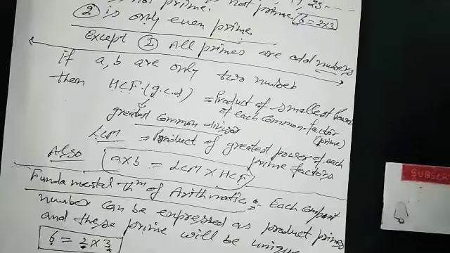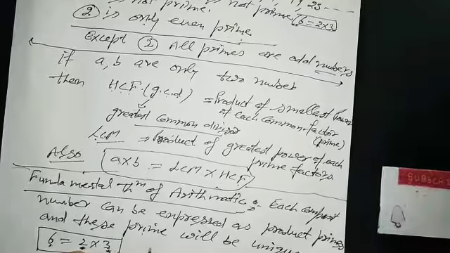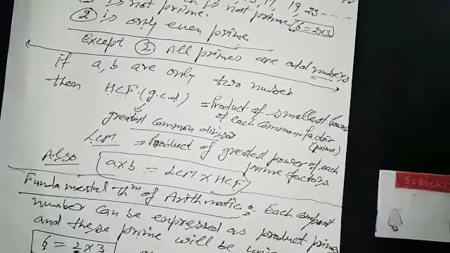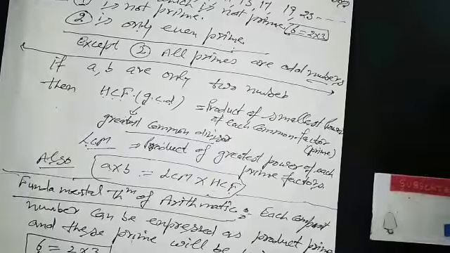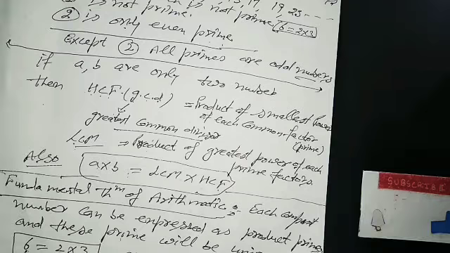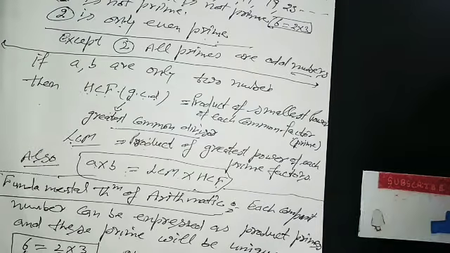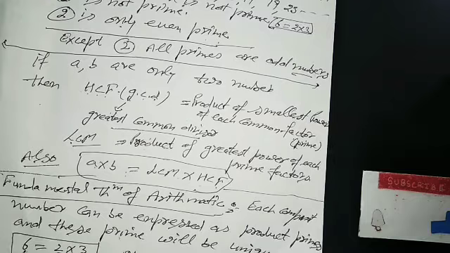So if you take 6, I take 6, you can take another number, that is 24. So 24 can be factorized as 2, 3, 2, 2, right? You can write it as 2 power 3 into 3 power 1. So prime factors are 2 and 3 only. But if you take 6 and 4, that is also 24.